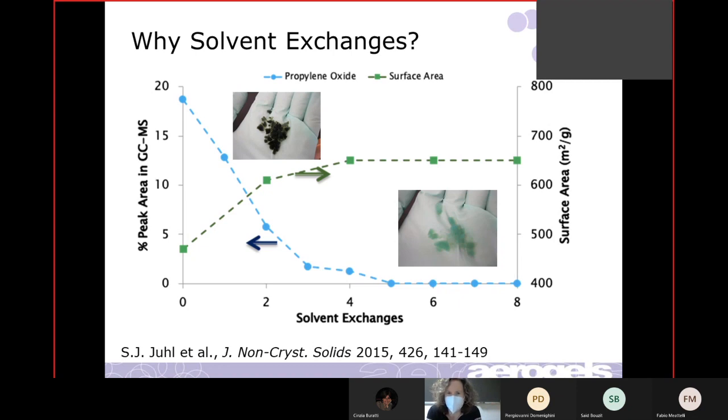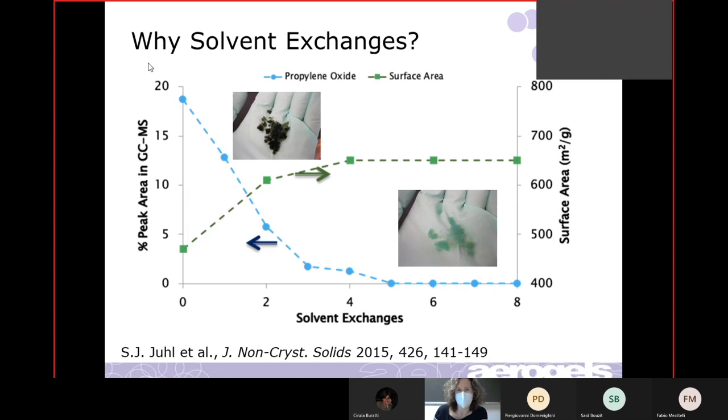So taking the solvent from the solvent exchange and analyzing it by gas chromatography, mass spectrometry, to look at what was present in the solvent after the solvent exchanges. And if we look here, we have 2 things. We have the peak area in the GC, which means the amount, essentially. It's proportional to concentration.